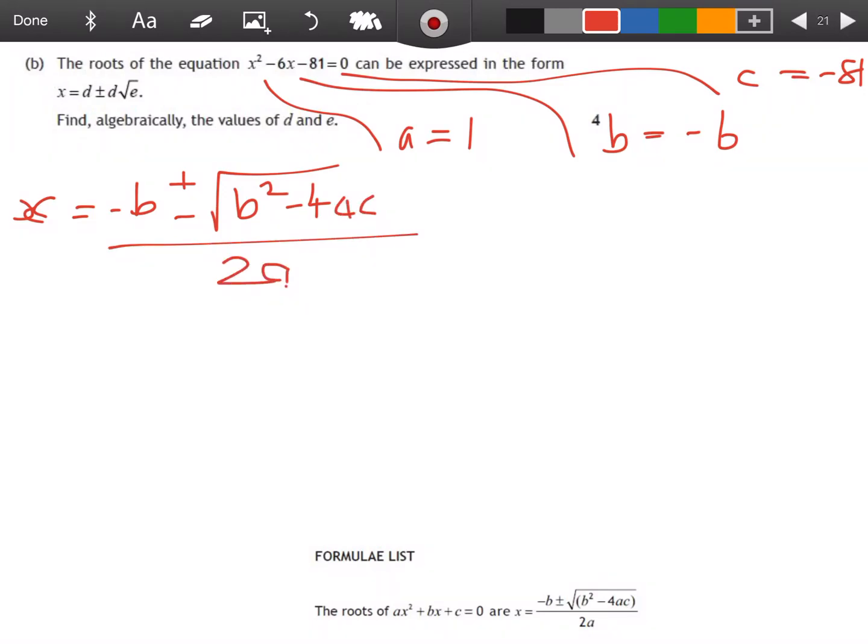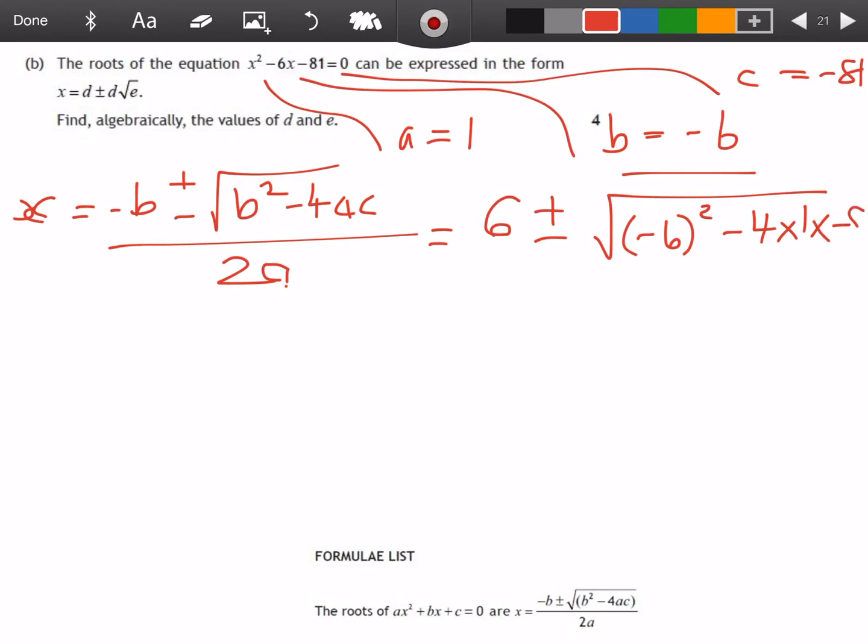We're subbing in the numbers. This is how you find the roots. Negative b: b is already negative 6, so negative b is positive 6. Plus and minus the square root of b squared, negative 6 squared, take away 4 times 1 times minus 81, all divided by 2a, 2 ones. Let's tidy this up a wee bit now.